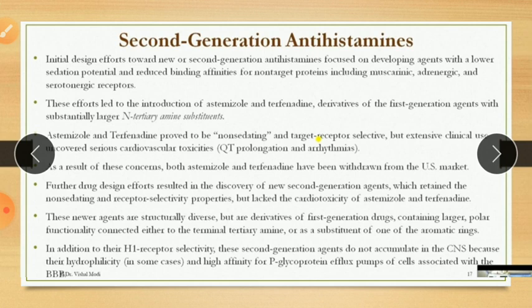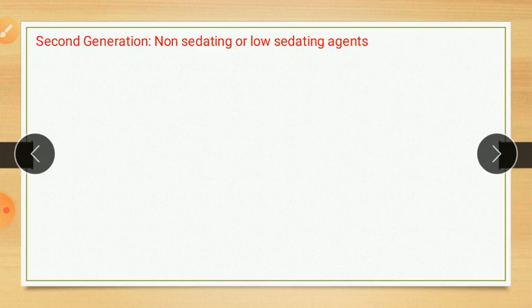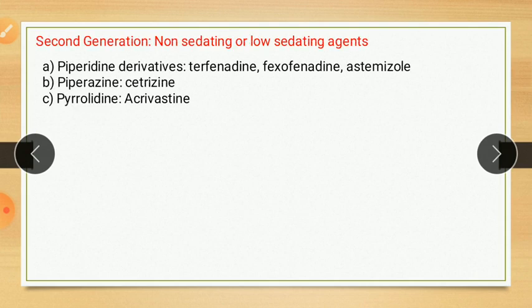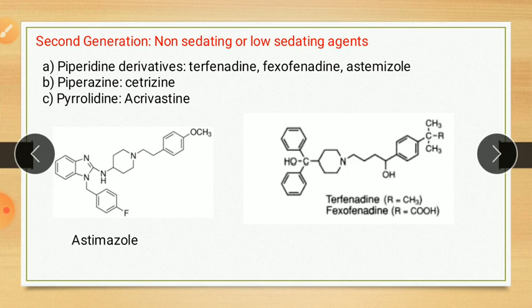So this is the classification of non-sedating drugs. Piperidine derivatives: terfenadine, fexofenadine, astemizole. Then piperazine derivative, cetirizine, and pyrrolidine, acrivastine. These are the structures of these drugs: astemizole, then terfenadine and fexofenadine. Here the difference is only in the R group: for terfenadine R equals CH3, while for fexofenadine it is a carboxylic acid.